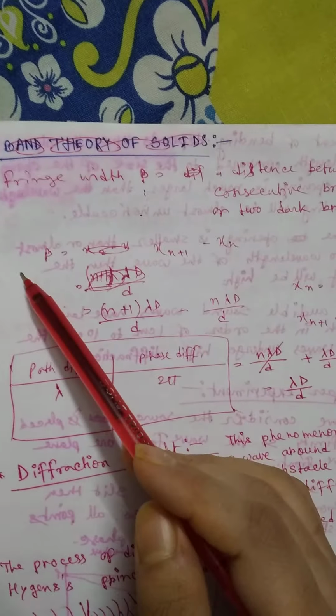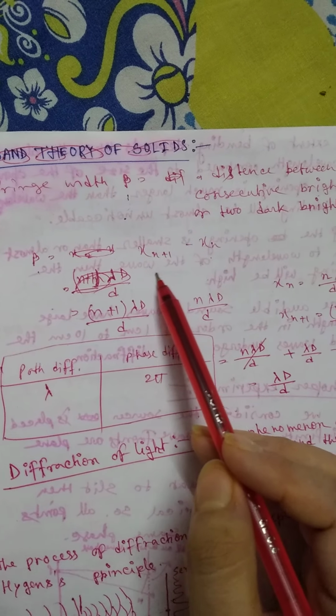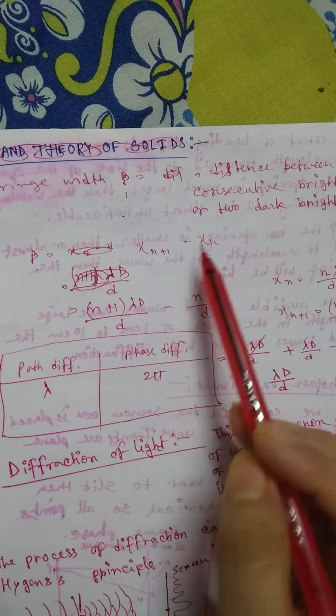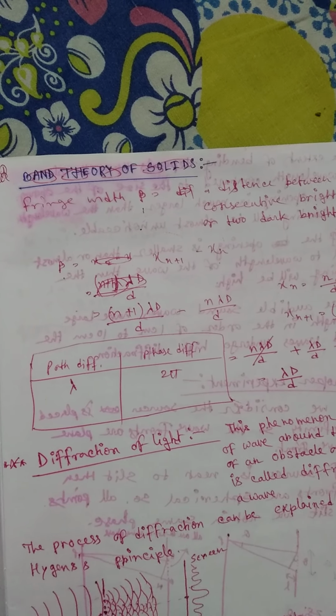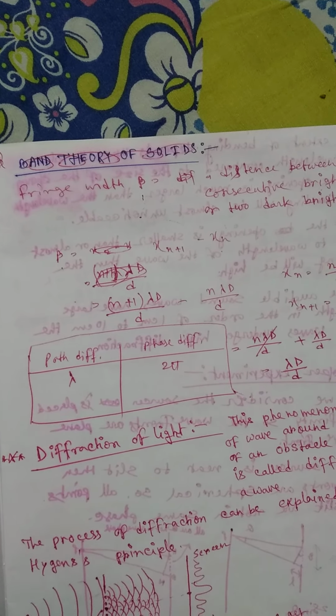So now beta equals what? Beta equals xn plus 1 minus xn. Here xn indicates the distance of the nth bright fringe from the central bright fringe, and xn plus 1 indicates the distance of the n plus 1th bright fringe from the central bright fringe.